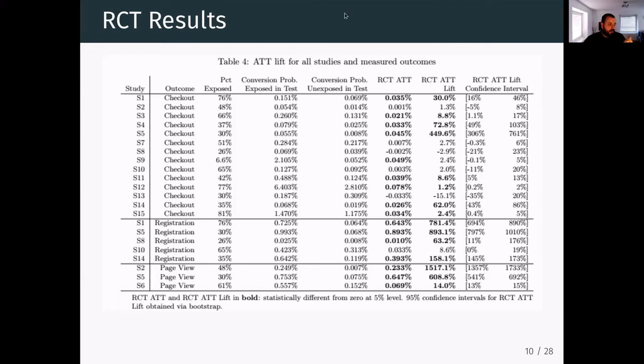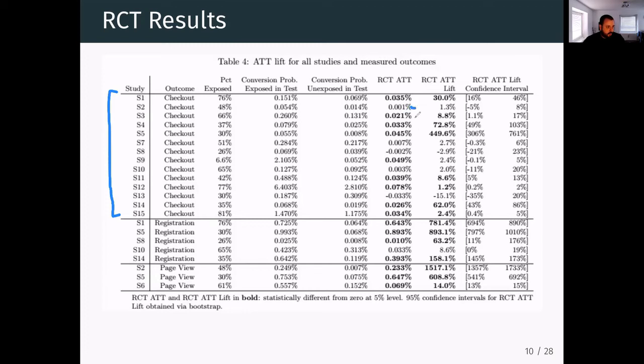So let me get a pen out again so I can draw a little with my kind of shaky pen. So the first thing we're going to see, if we look at checkout, so like these first 15, all 15 studies care at least somewhat about checkout, so buying something. And we see that if they're in bold, it's significant at the 5% level.